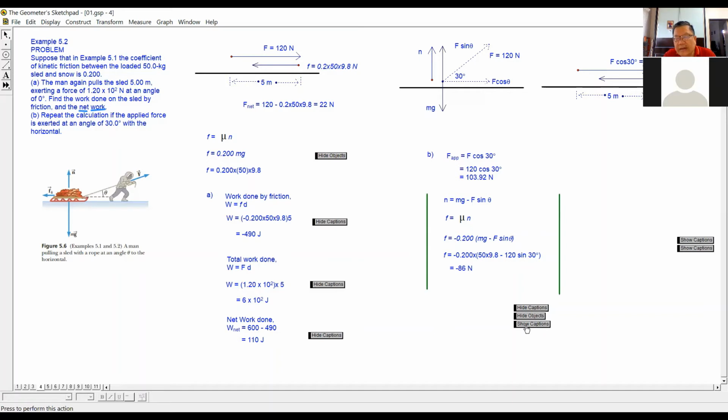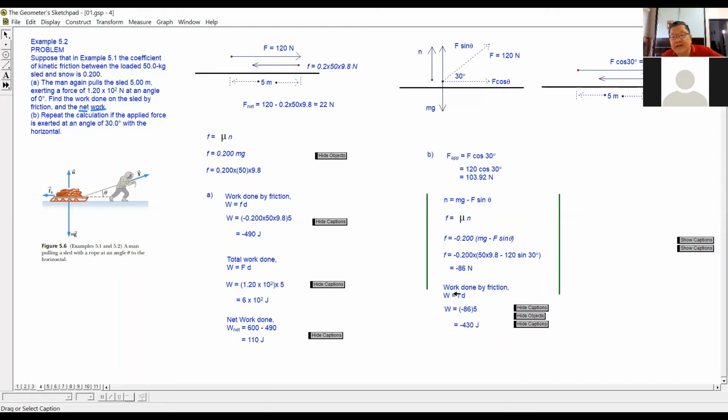What is the work done by the frictional force, or work done against the frictional force? You have to multiply with the distance. Okay, so work done by the frictional force is F times D. So we have found out the F. One thing, take note that maybe the book uses small f to represent friction, capital F to represent the applied force.